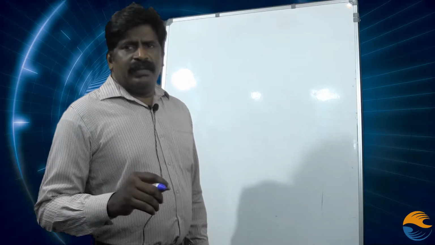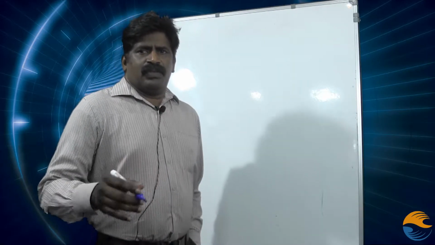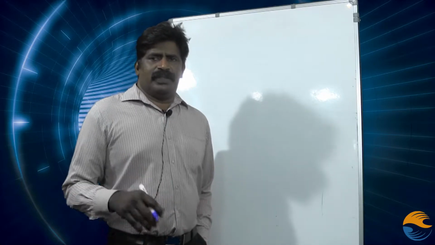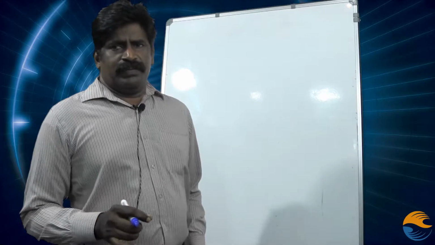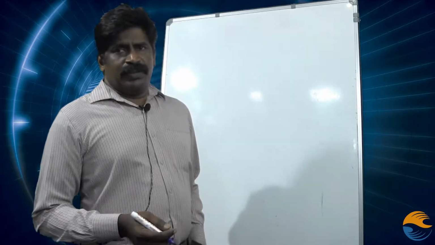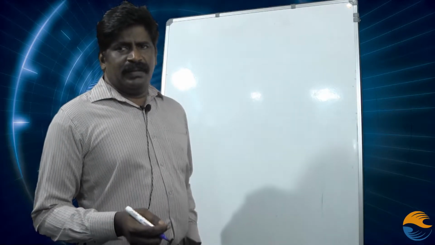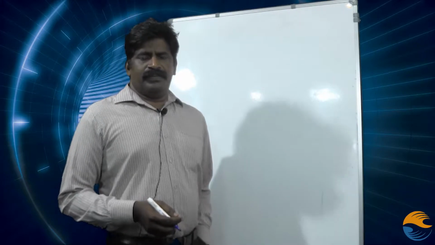We already dealt with this topic in our previous session. What are the different types of cash books? They are single column cash book, double column cash book, and triple column cash book.